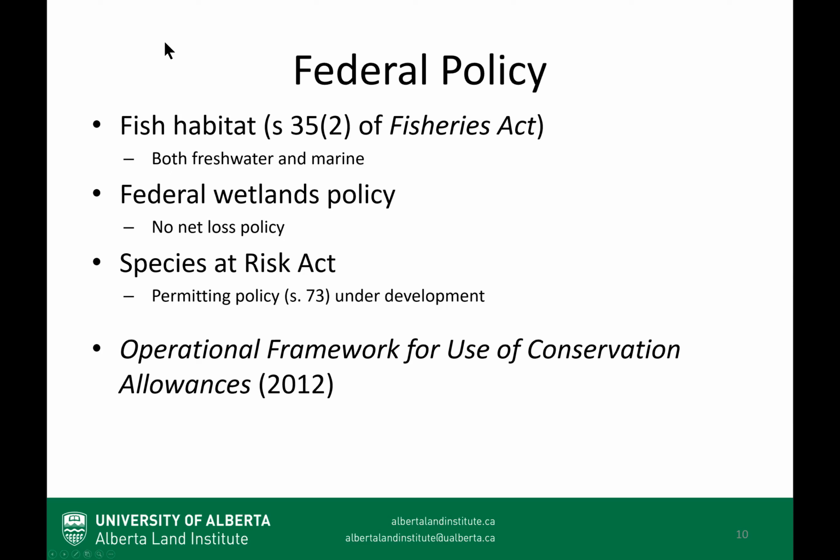biodiversity offsets are certainly not a panacea for solving the biodiversity crisis. And I think, unfortunately, they often look really good on paper, but there's a real risk that they're a total failure on the ground. And I think that in particular in relation to species at risk. So I have some serious reservations about their effectiveness in that context.